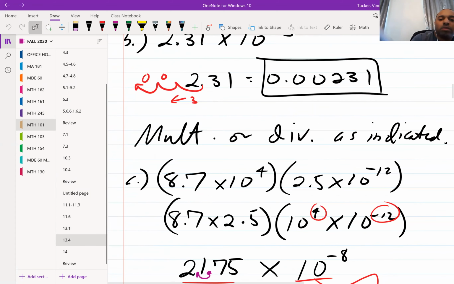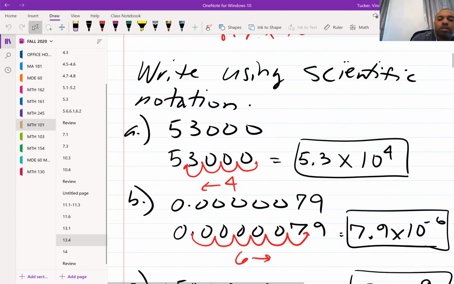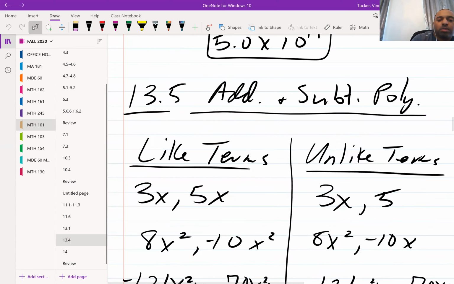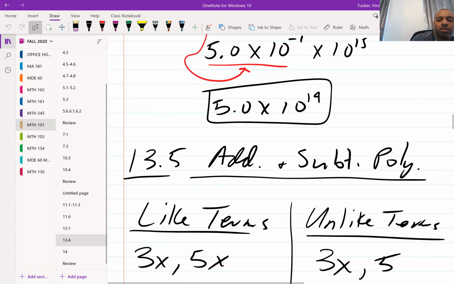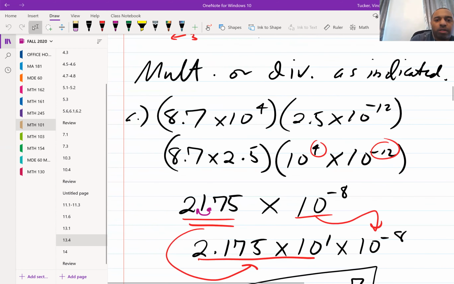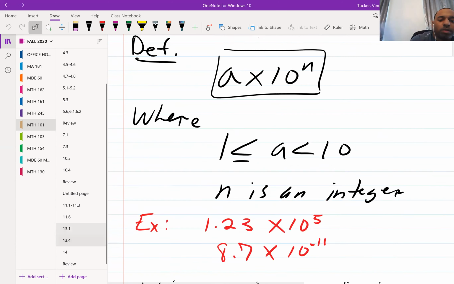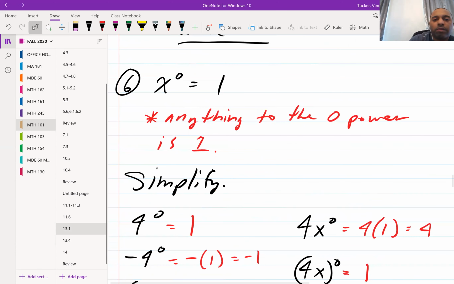Let's see what 13.4 is. Let me see how long 13.3 is.